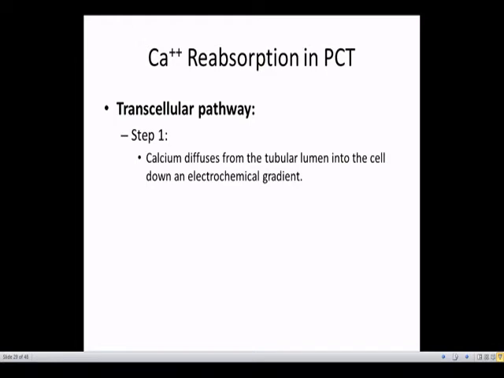Step 1 of the transcellular pathway is that the calcium diffuses from the renal tubular lumen into the cell down an electrochemical gradient.